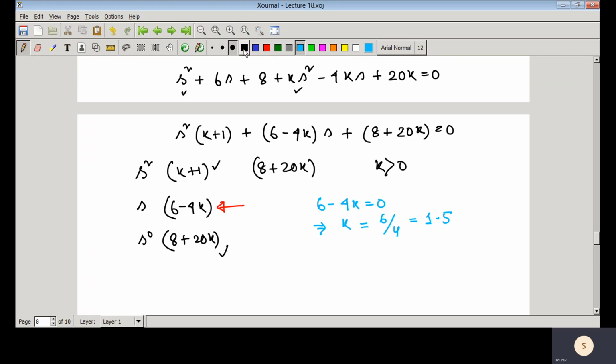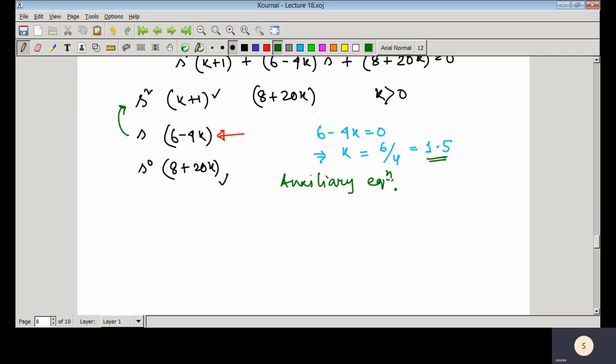So what is your auxiliary equation? That means you need to go one step above, and if we replace k equal to 1.5, we will get the auxiliary equation, that is 2.5 s square.